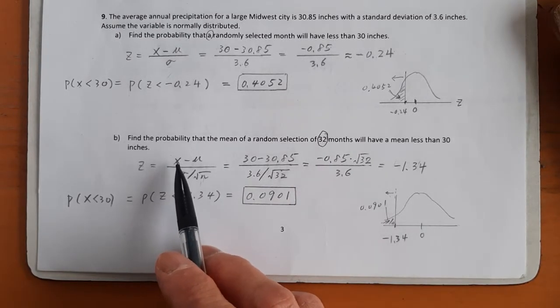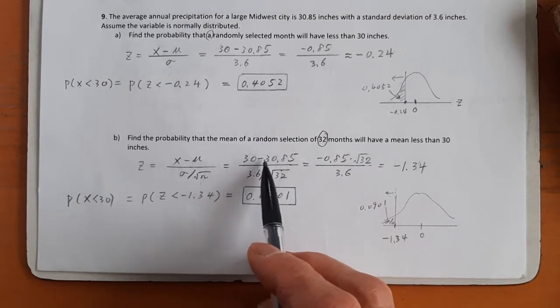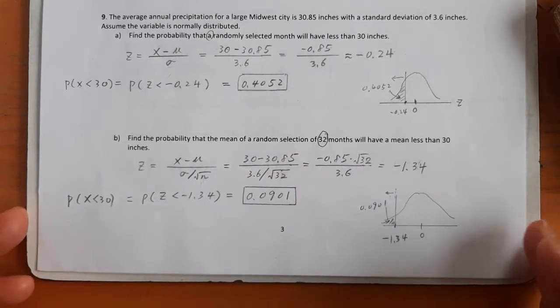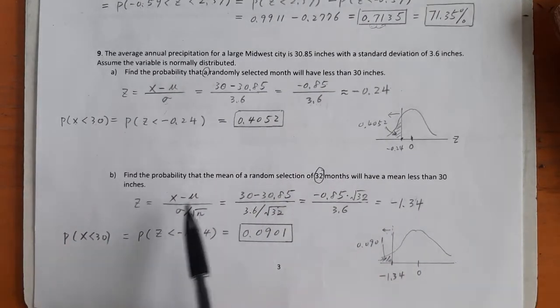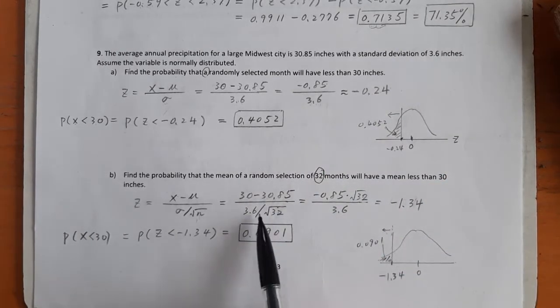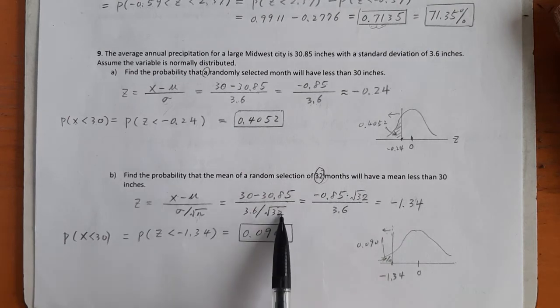So x is 30, minus the mean 30.85, divided by the standard deviation 3.6 over the square root of 32.